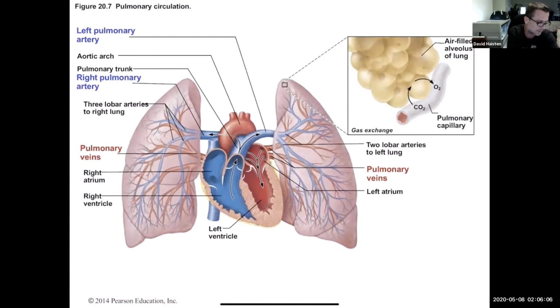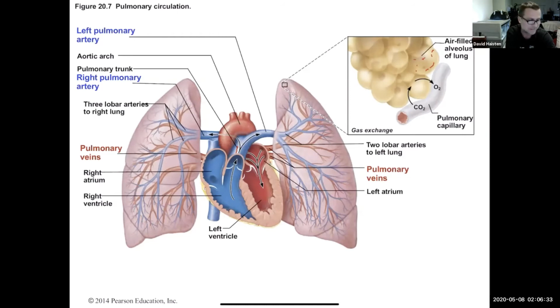Okay. Deoxygenated blue, pulmonary trunk, out the left and right pulmonary arteries. We're going to move into pulmonary arterioles, which are going to be blue, deoxygenated, and to pulmonary capillary beds. Pulmonary capillary beds are wrapped around all these air sacs in your lungs. And right there is where gas exchange happens.